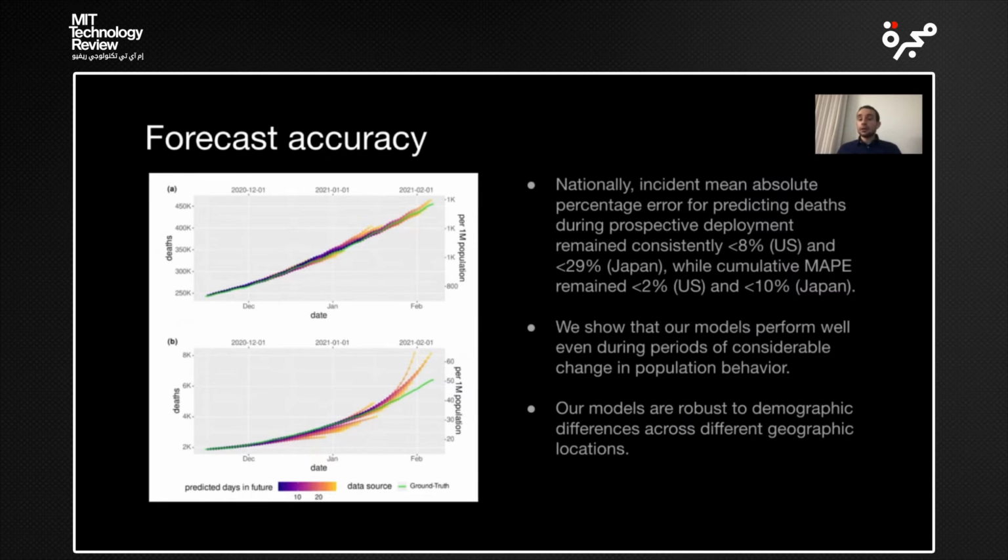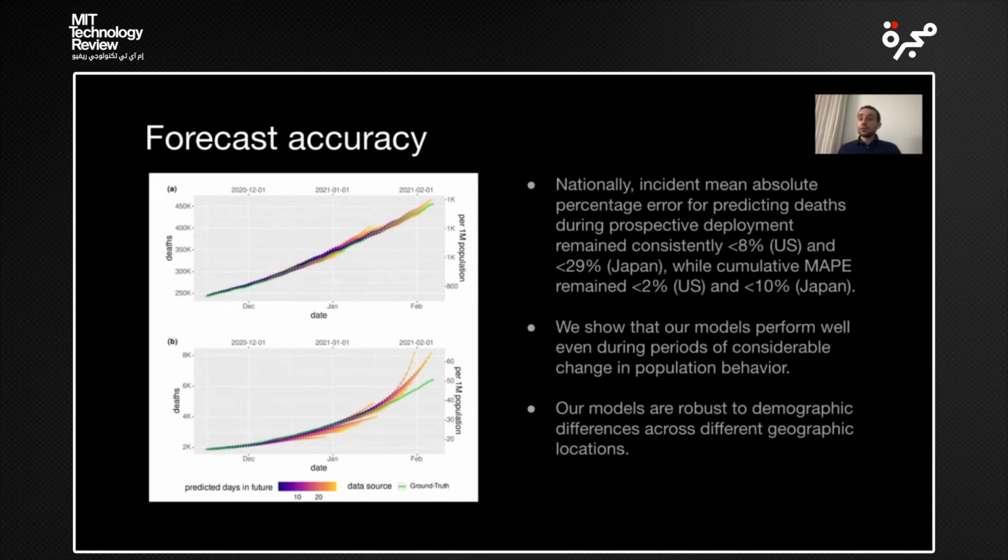And this low error has been consistent throughout the entire evaluation period, even during periods of considerable change in population behavior, such as new peaks or trend changes due to some policies and so on. And our models are robust to demographic differences across different geographic locations.